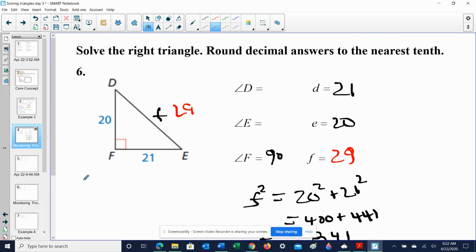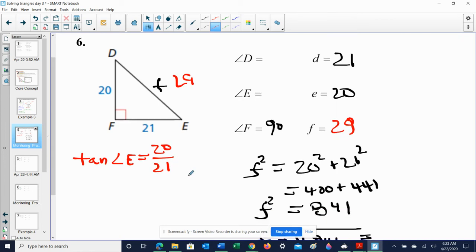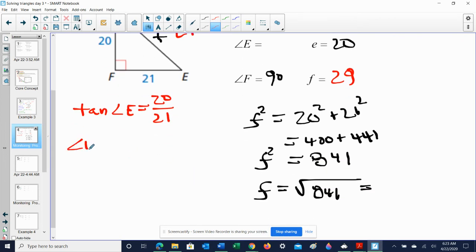So the tangent of angle E is equal to opposite over adjacent, which makes angle E equal to inverse tangent of 20 over 21.